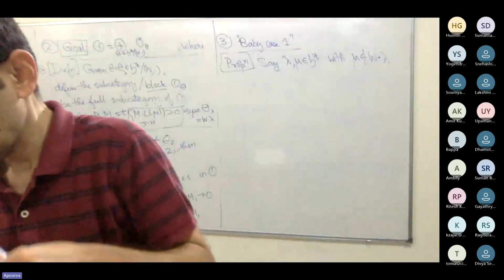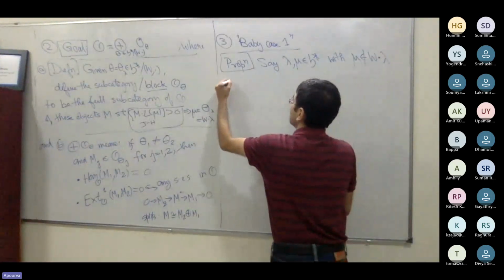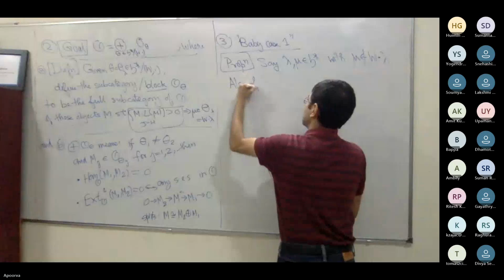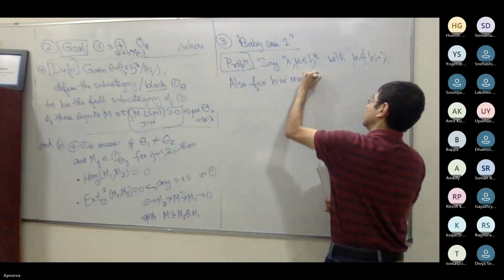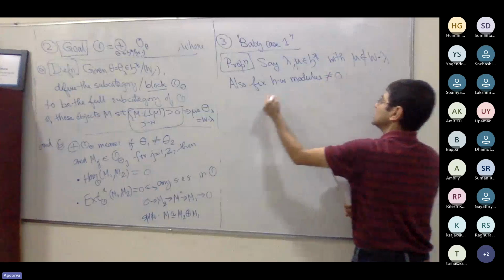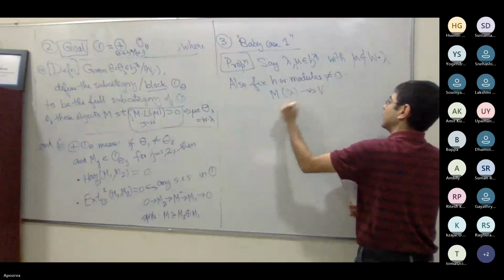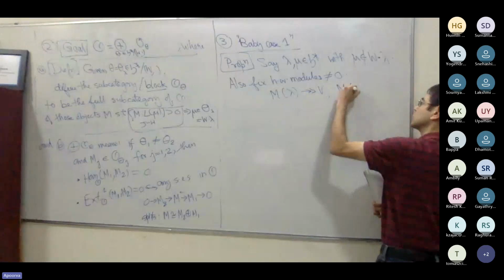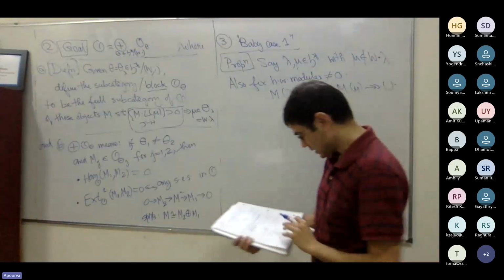Therefore, okay. Let's also fix highest weight modules, not equal to 0, of course. So this is M lambda goes to V, and M mu goes to U. So they are both non-zero modules.